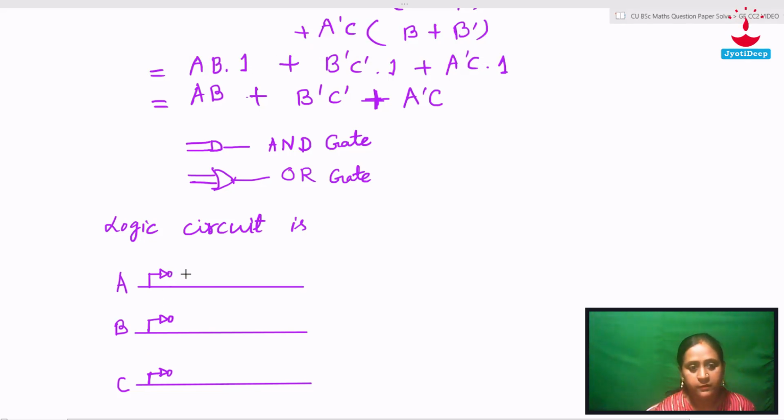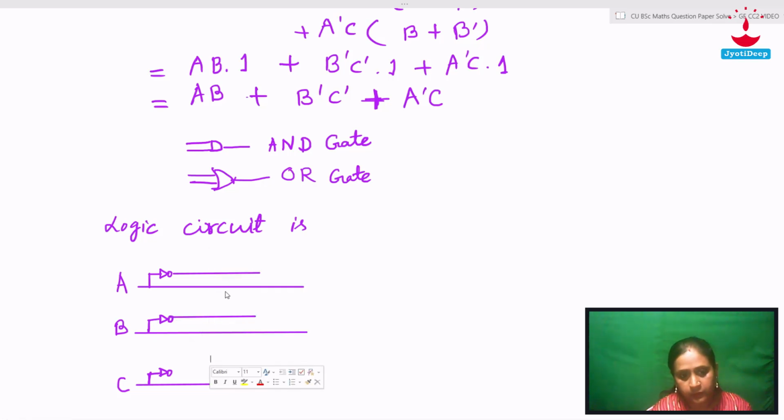Now taking a line from here, copy, paste, and then paste.